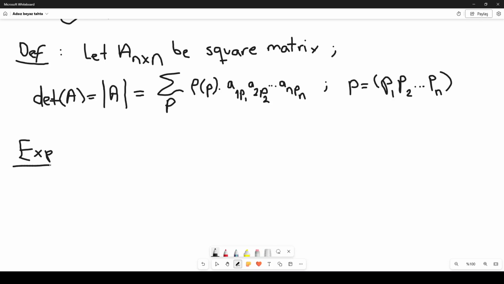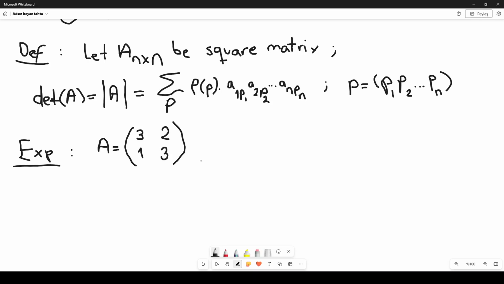Let's give an example. Let's start with a simple case and then continue with a more complicated one. Suppose we are given a 2 by 2 matrix with some values, say 3, 2, 1, and 3.